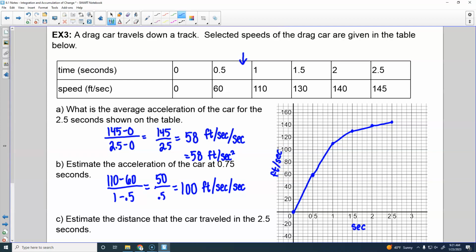If we can find the area underneath the curve, that would give us the distance traveled. But we just have certain points. So this is not going to be exact, it's going to be an estimate. This is what I'm going to do. I'm going to draw some lines right here.